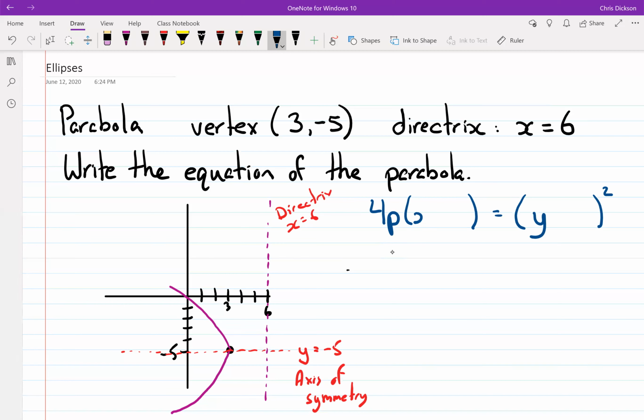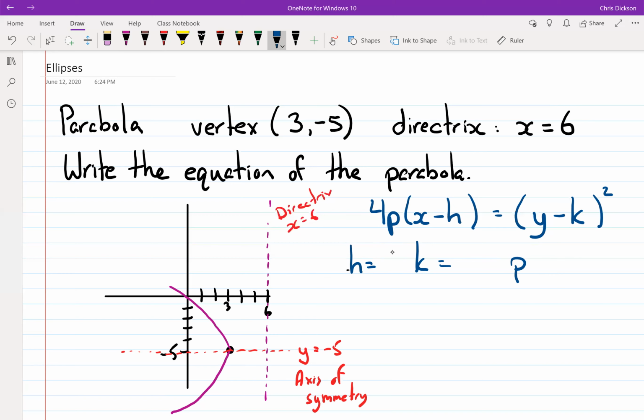And so I'm going to go x minus h equals y minus k here. So you always need to get your variables h, k, and p. Sometimes you can just find them right from the information in the question, and sometimes you have to do a little bit of algebra to figure out what those numbers would be here.